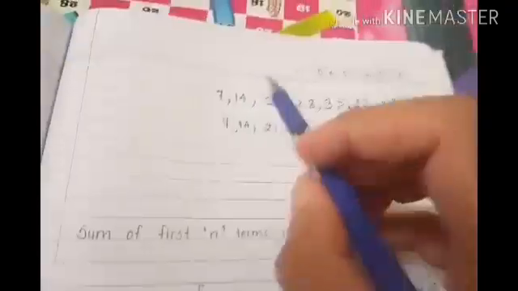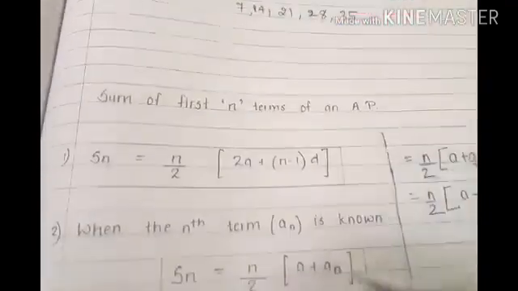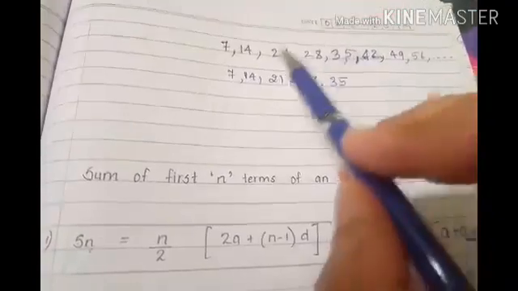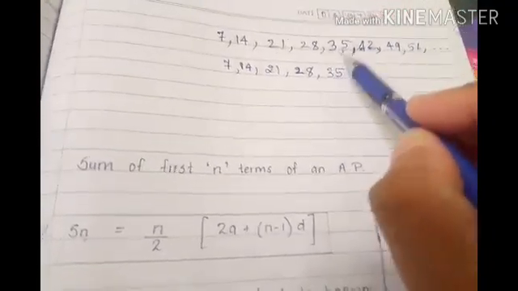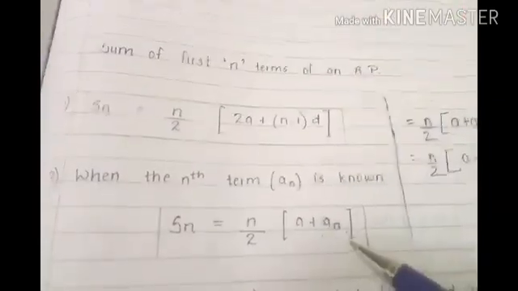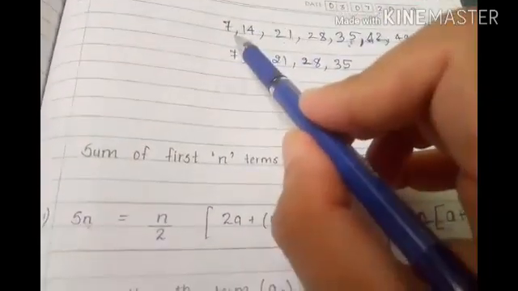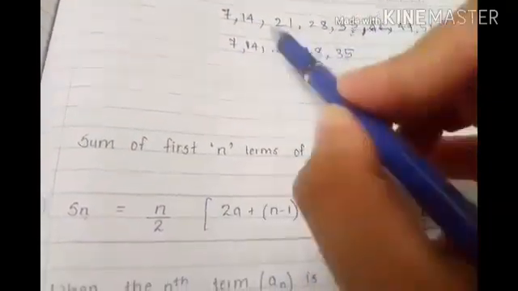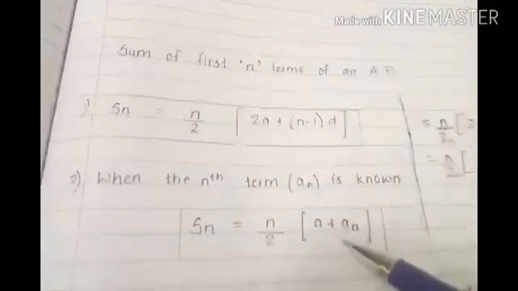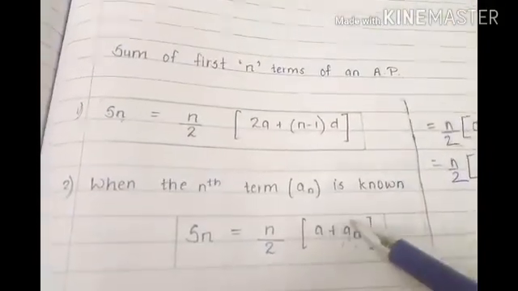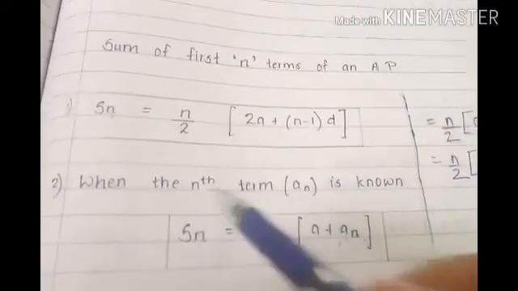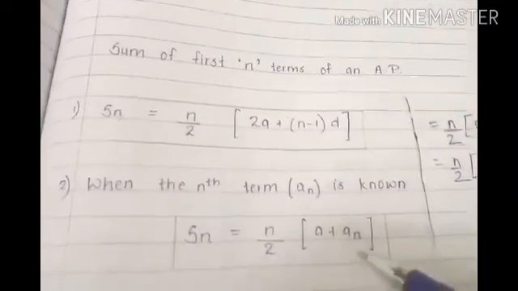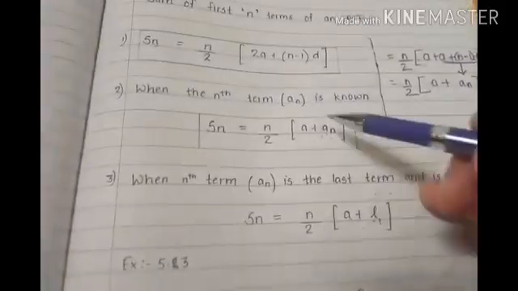But in the other case we will use an, because 35 is not the last term of the AP, it is the 5th term, so it is A5. If we are asked to find the sum of the first 5 terms of that AP, we will use this formula because the 5th term, the nth term, is known to us. That is the difference between this formula and this formula.